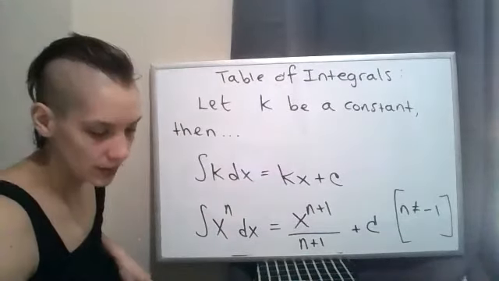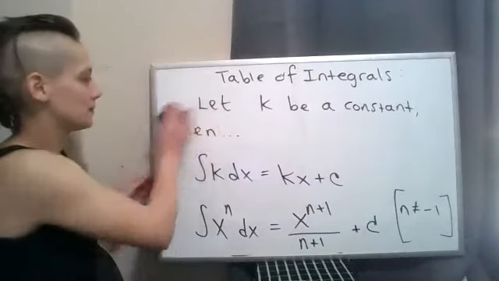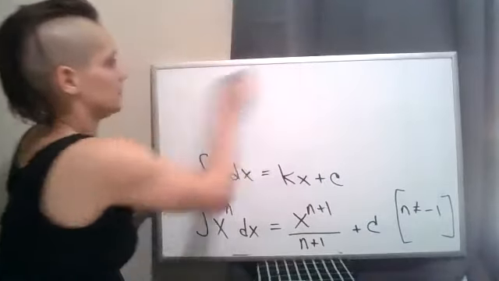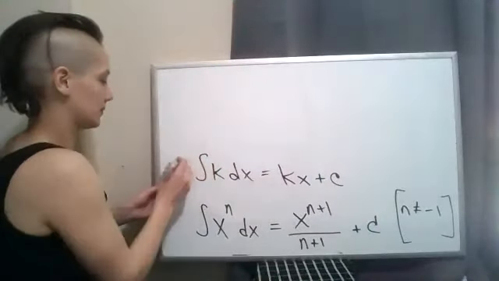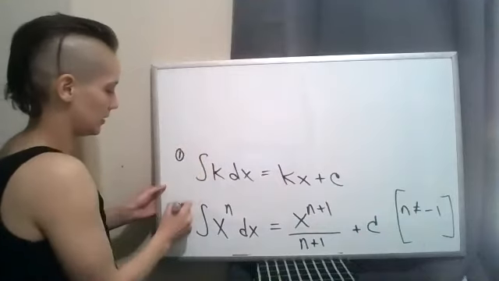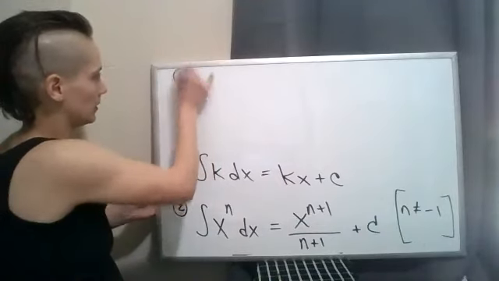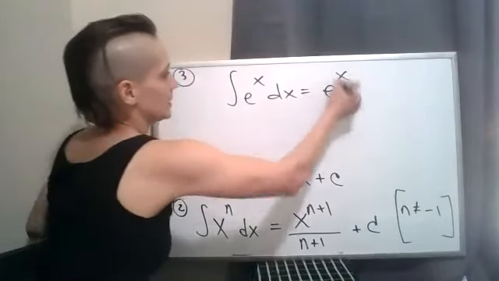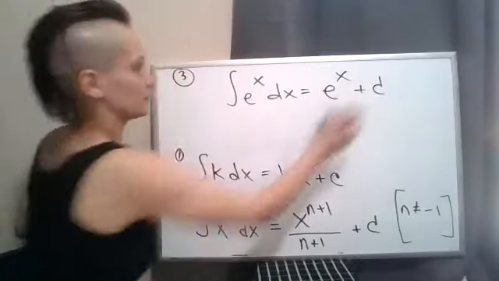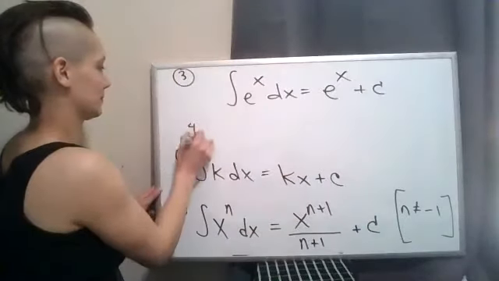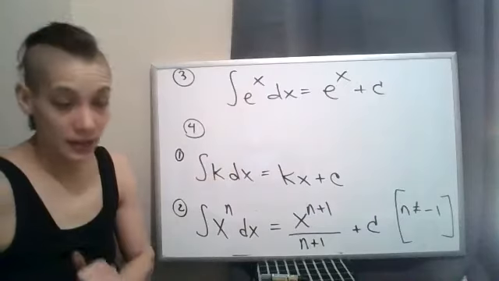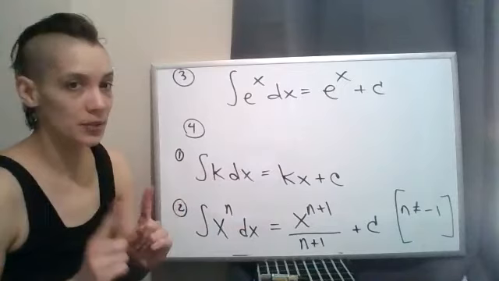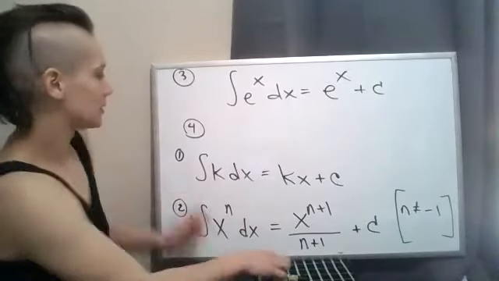And we're going to do the integral of e to the x dx. Let's do 2. E to the x plus c. Integral of 1 over x dx is ln absolute value of x plus c.